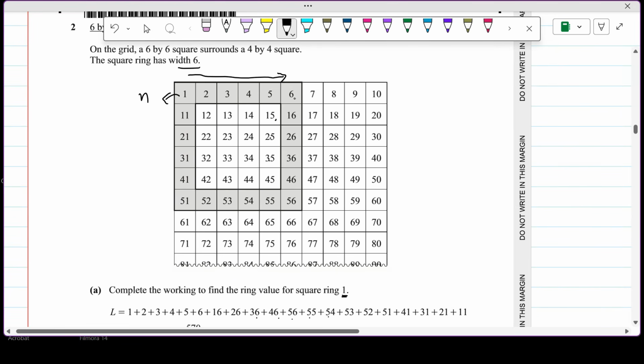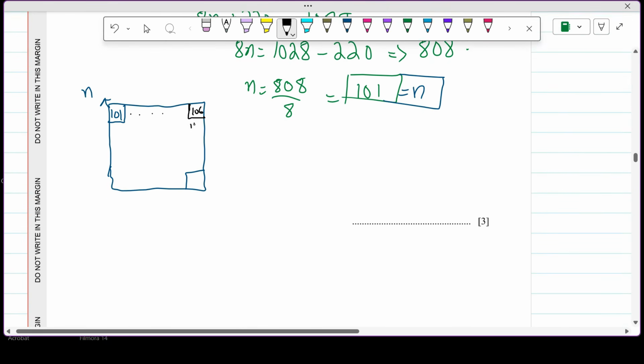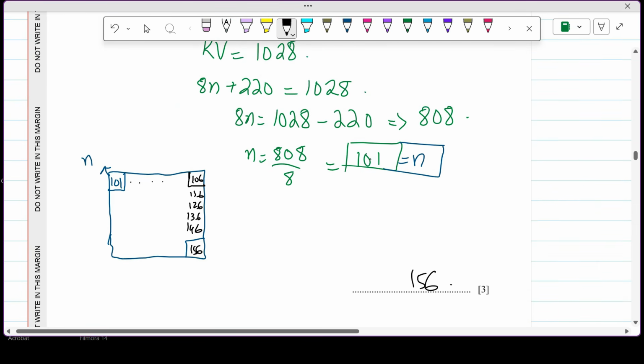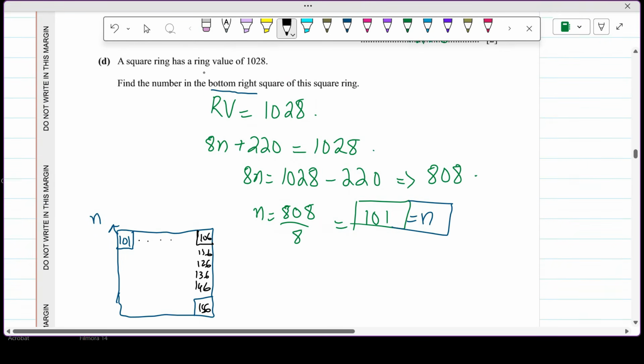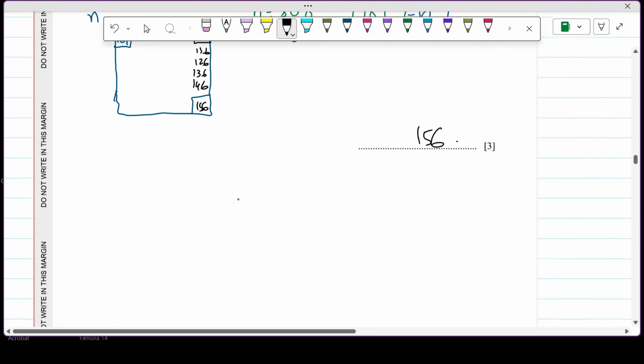So in this case it will be 116, then 126, 136, 146, 156. So when the value of n is 101 for the 6 by 6 square, its bottom right will be 156.